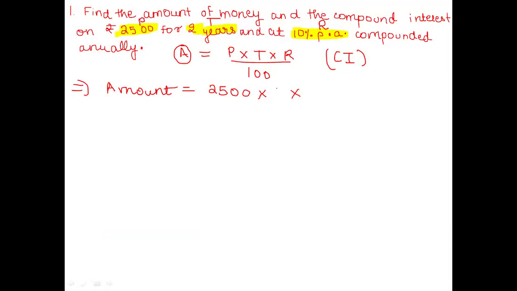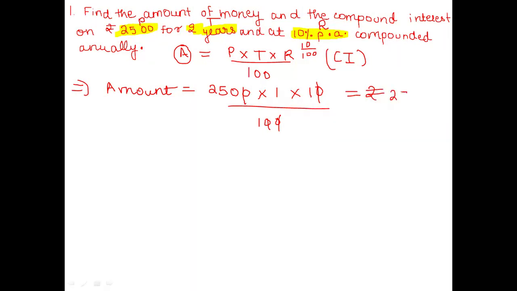So our time is first 1 year, and our rate is 10 by 100 because 10% is nothing but 10 by 100. Now we can reduce, so our amount is rupees 250. This is the increase in the money.